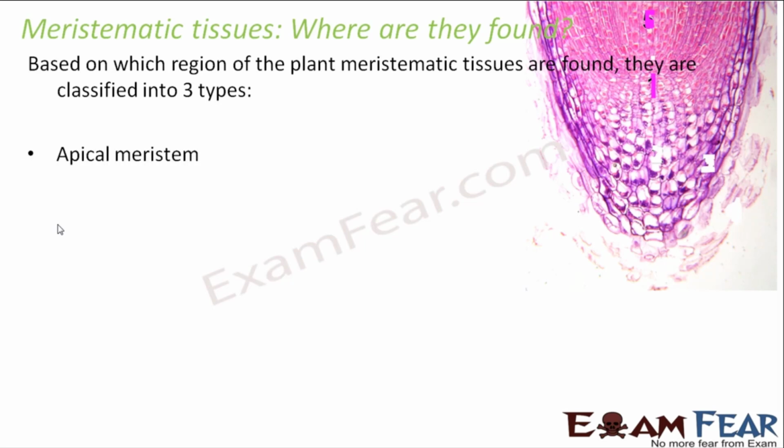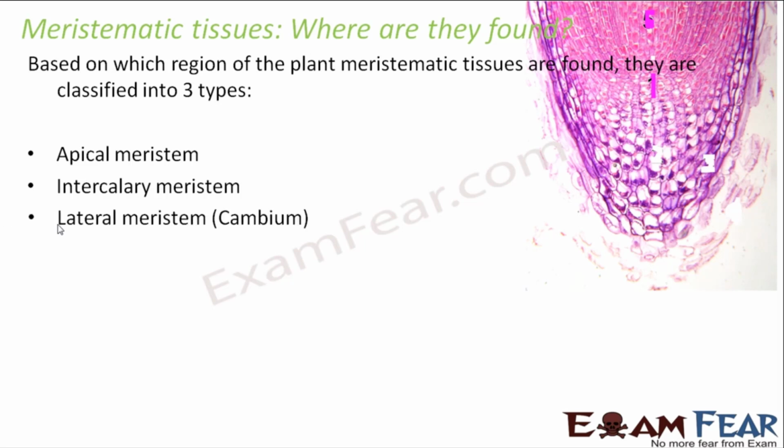So what are the 3 categories? The first one is apical meristem, intercalary meristem, and the last one is lateral meristem. So these are the 3 types of meristem depending upon where they are found. So we will discuss each of these types in detail one by one. But let us quickly look at the location where they are found.